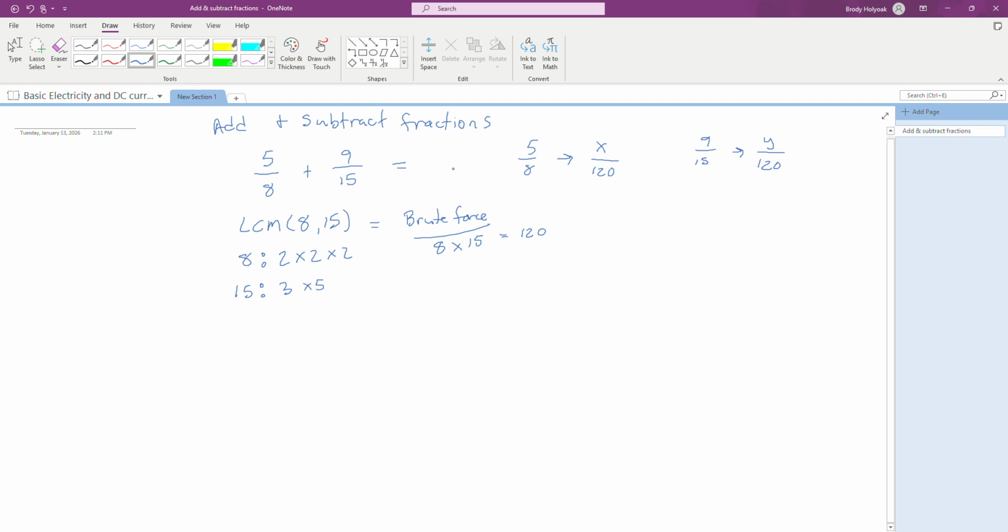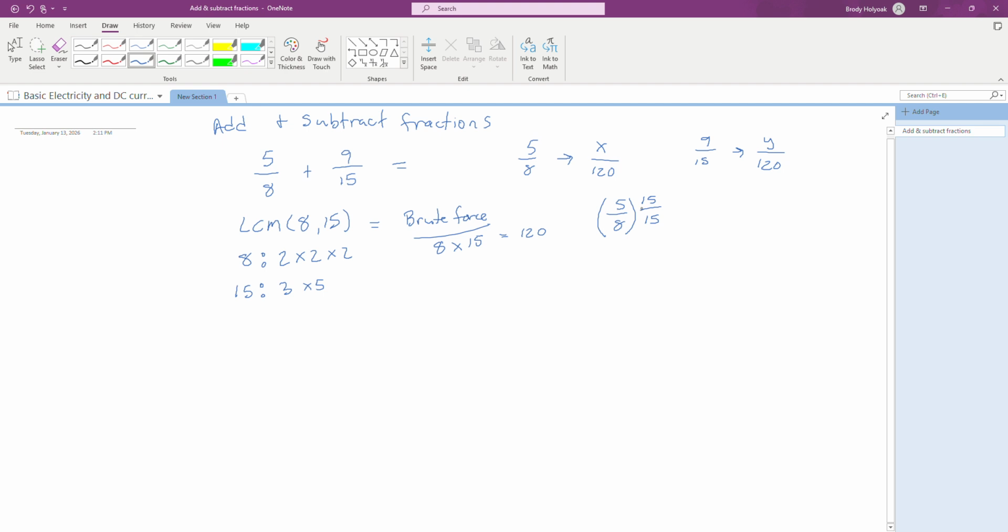So the way we do that is we take our 5/8 and we need to multiply 8 times 15 to get it to equal 120. So we're going to multiply this whole fraction by 1. But we're going to change that 1 to be 15 over 15. The same number over itself in a fraction is 1, so we are not changing this value or what essentially the identity of this fraction is.